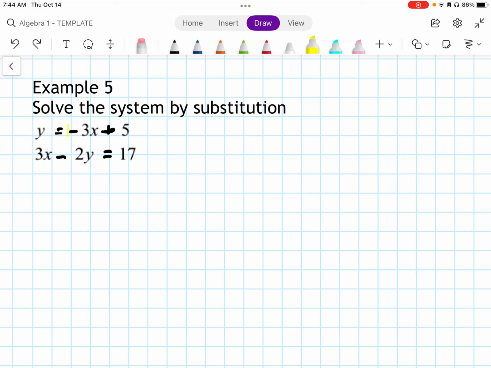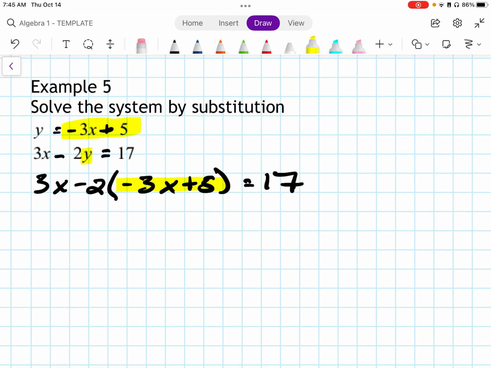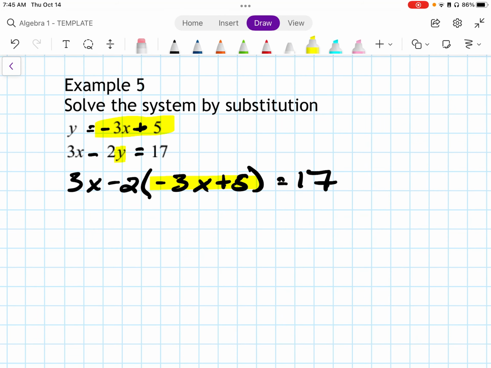So y equals this, I'm going to plug that in to the other y. So whenever I plug that in, I'll get 3x minus 2, and then I open parentheses, negative 3x plus 5 equals 17. This is my y that I substituted in, right? We have done the substitution.